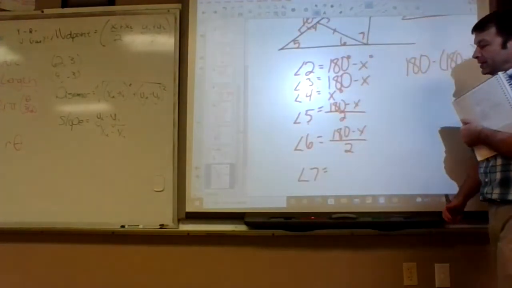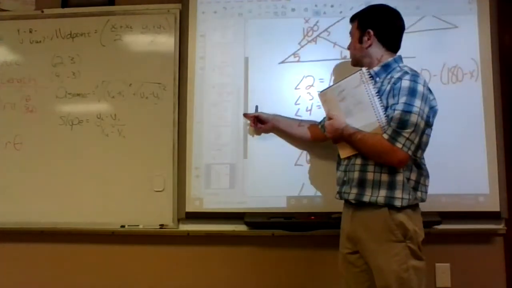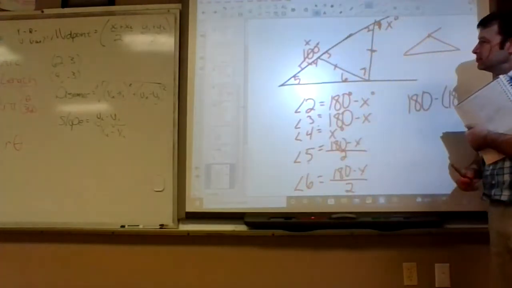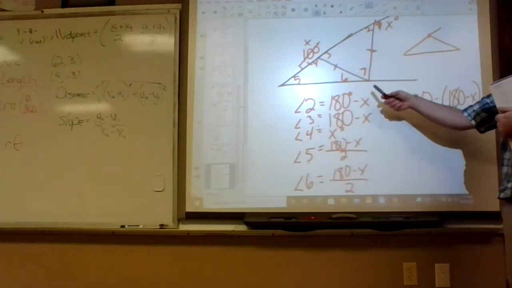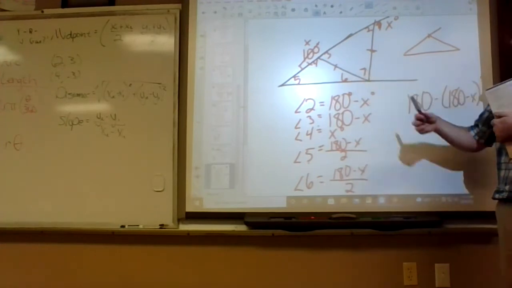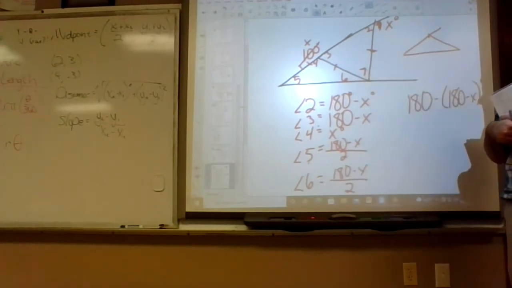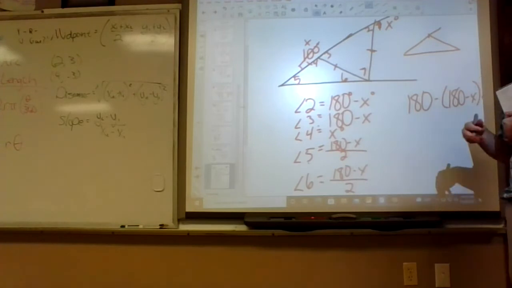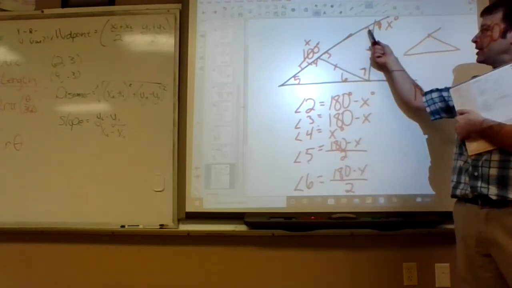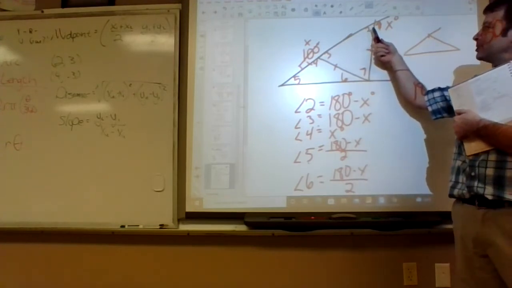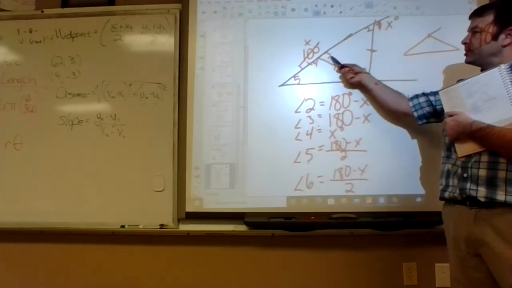Alright, and how do I find 7? Do these two add up to 180? No, they don't. With a normal problem, you could add up 3 and 2, and then subtract that from 180. We could do 180 minus (2 plus 3), right?